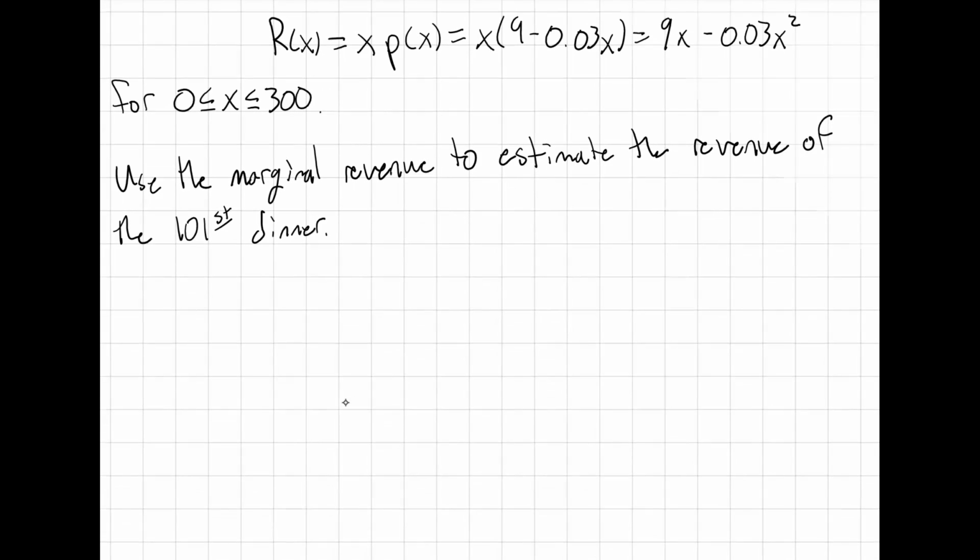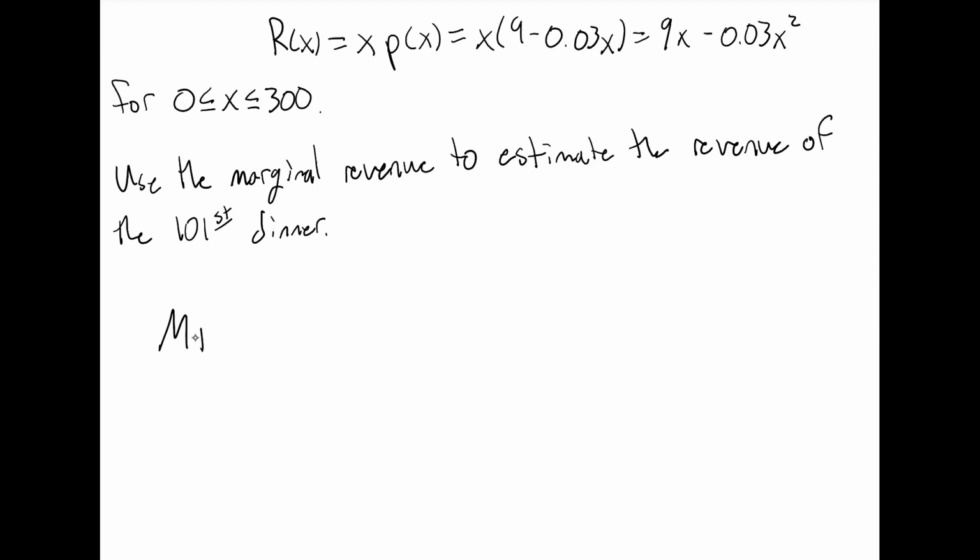So first we need to find the marginal revenue. So the marginal revenue is just the derivative of the revenue function. So we're just going to use our simple polynomial rule. We have 9x, so that just gives us 9. Then we have negative 0.03x squared, so we bring the 2 down, so we get 0.06x, bring the exponent down 1, so 2 down 1 to 1. So there's our marginal revenue.